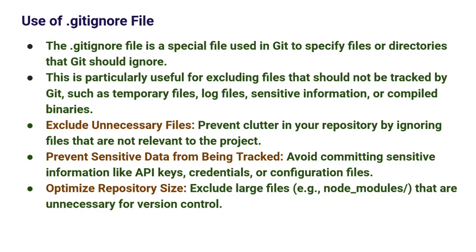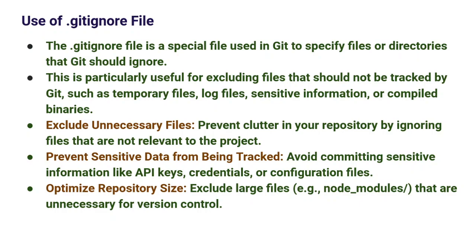For example, there can be some log files, or some sensitive files which contain passwords or confidential credentials, or system generated files which we don't need in our local repository or remote repository. So we don't have to commit those files into our staging area or remote repository.